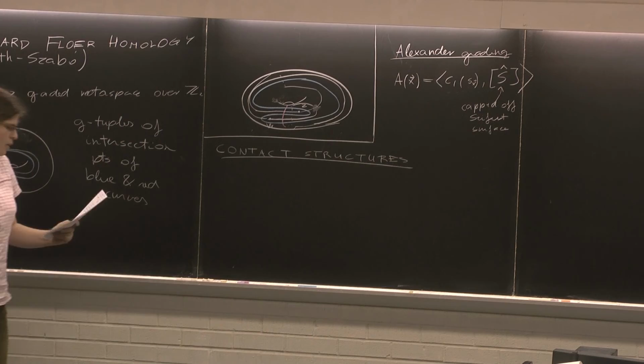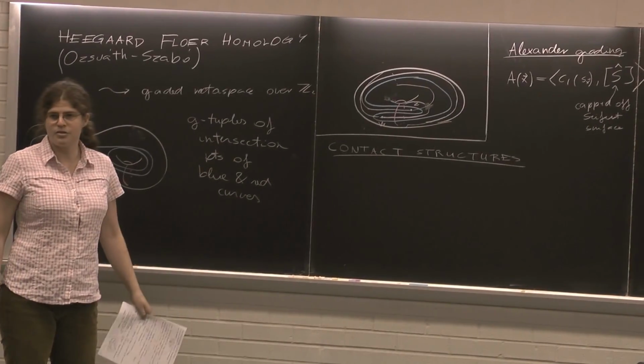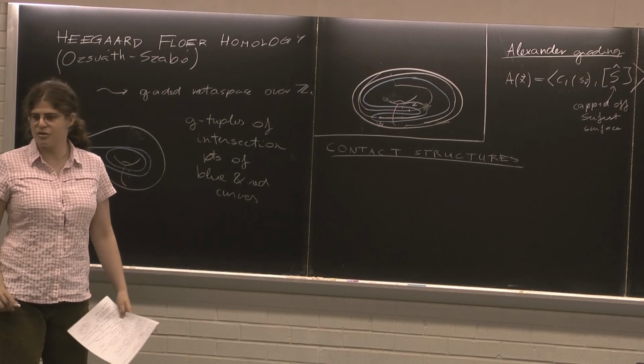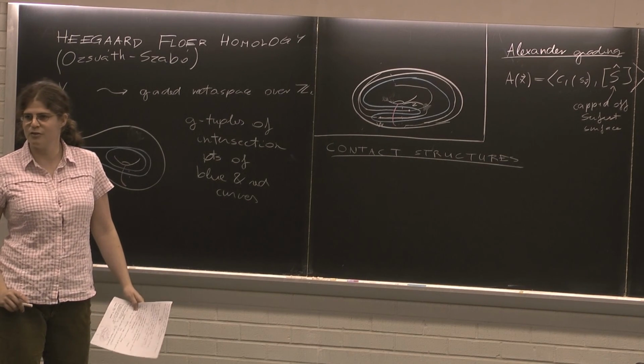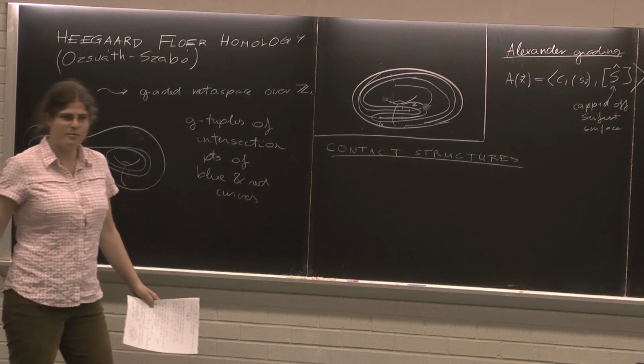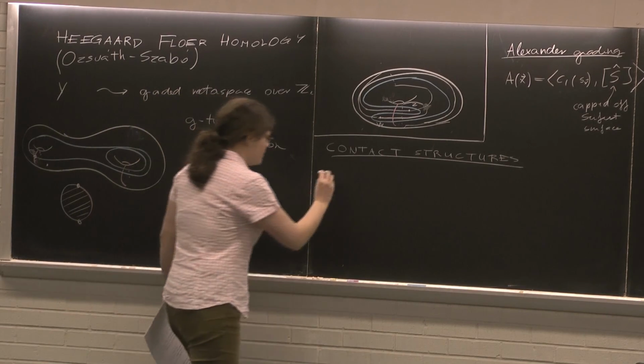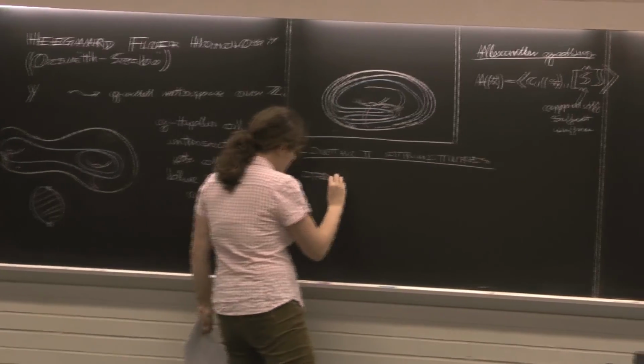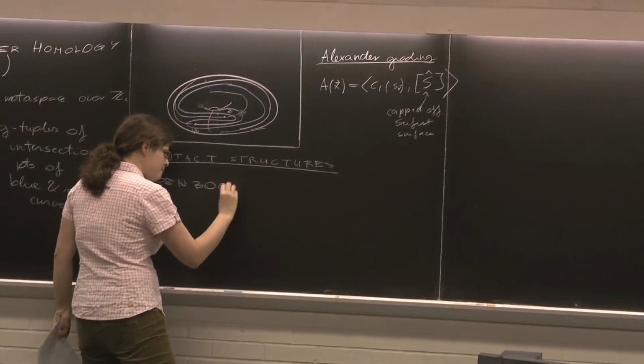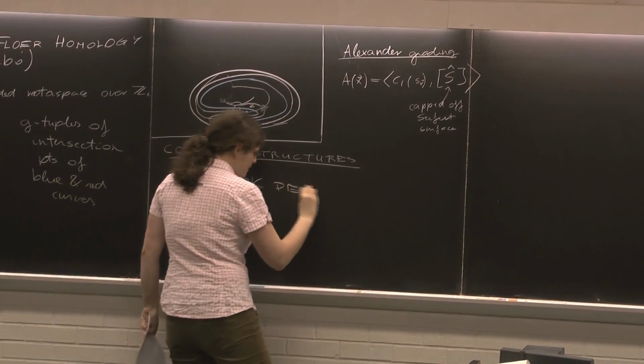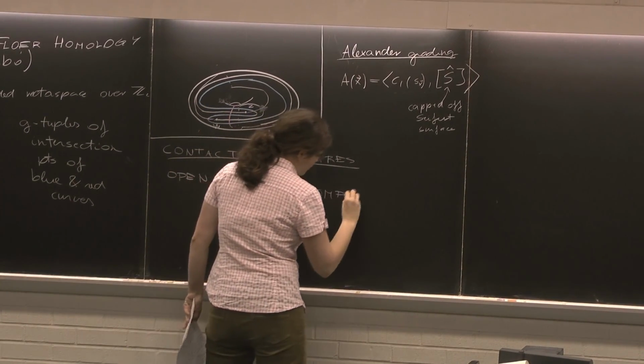And one way to specify a contact structure is by open book decompositions. And I'm not completely sure that was described here in this conference. Was it? Open book decompositions? Okay, very good.